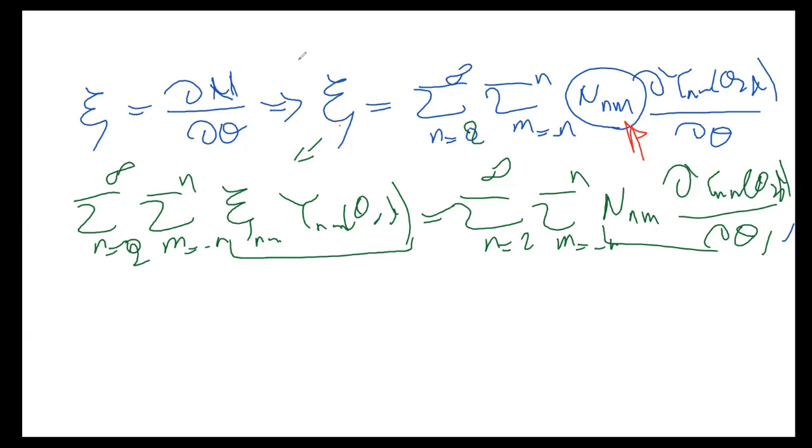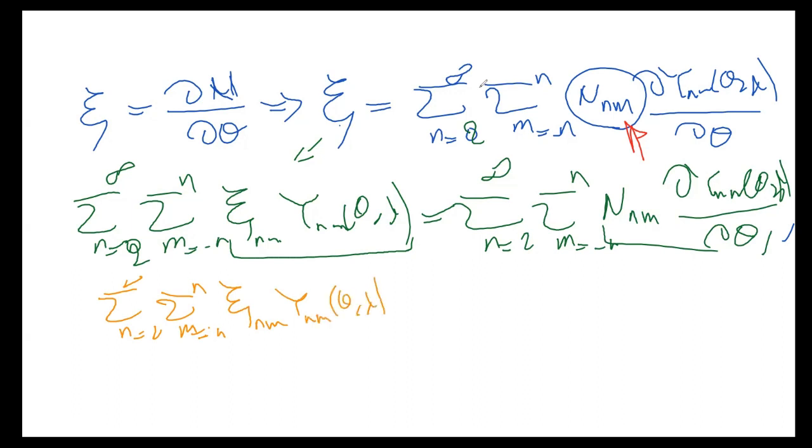Then let me multiply by Y n m. Let me write it with another color. I will multiply, I've tried to write it smaller, by Y n m (theta, lambda).